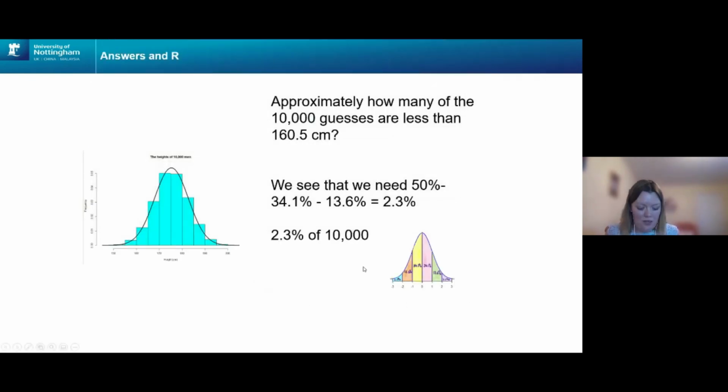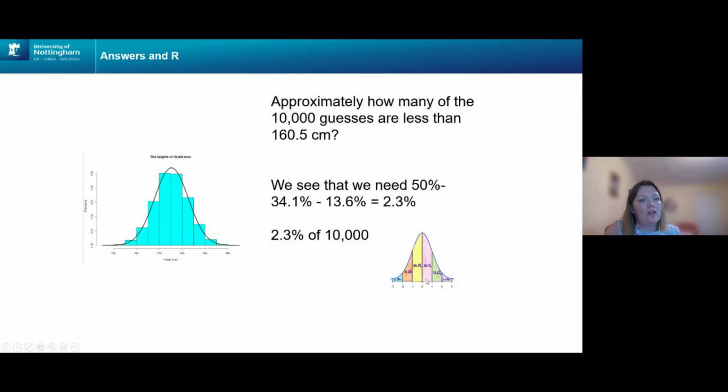For the second one, which was how many of the 10,000 guesses are less than 160.5, again, you've all done pretty well on this question. So what we can see is this will be this blue and this white bit on the curve, because 2 standard deviations away from the population mean would be 160.5, so anything less than that will be in this blue and white region.